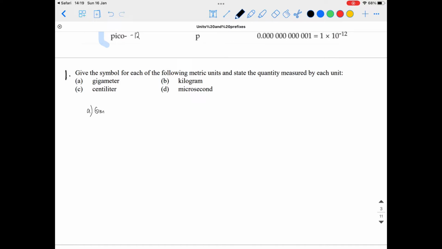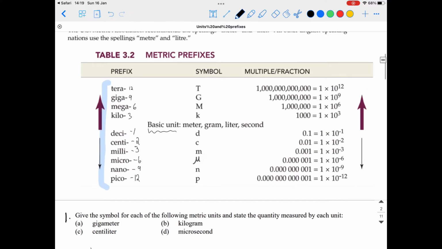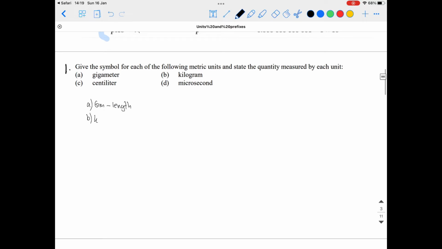The symbol for gigameter is a capital G and a small m, and it measures length. B, we have kilogram. Kilo, we have a small k, and gram is a g. This measures mass.